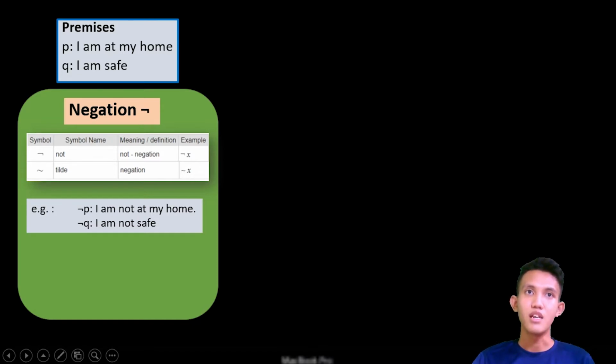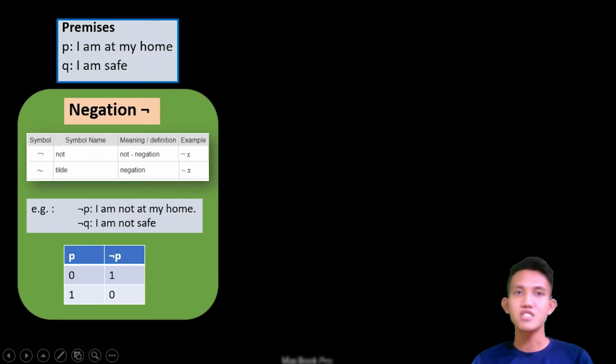For the premise P, I am at my home, and for the premise Q, I am safe. In order to negate these premises, we need to put the symbol in front of the P and Q premises, and we need to add the word not in the statement. So instead of I am at my home, we negate it into I am not at my home. And the second one is I am not safe.